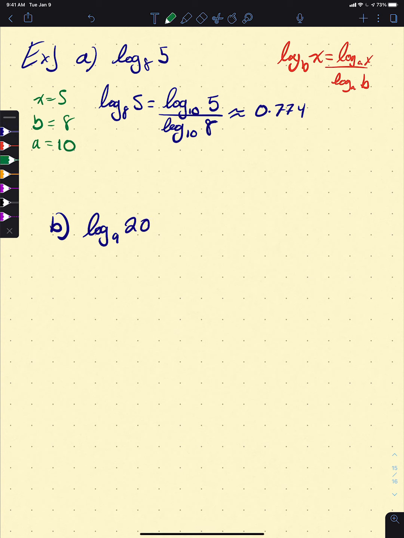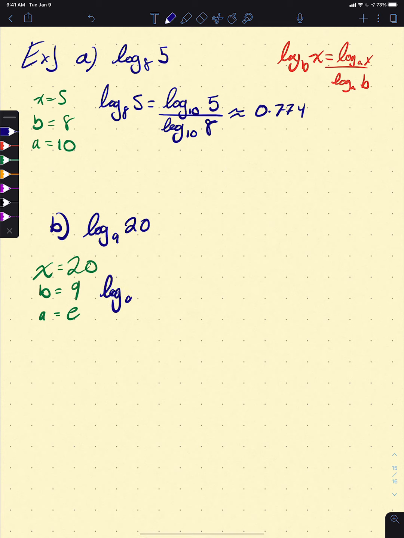In this instance, the thing we're looking for the logarithm of, our x, is 20. Our original base is 9, and in this case, let's let our new base be e, because our calculators often have a natural log button as well.